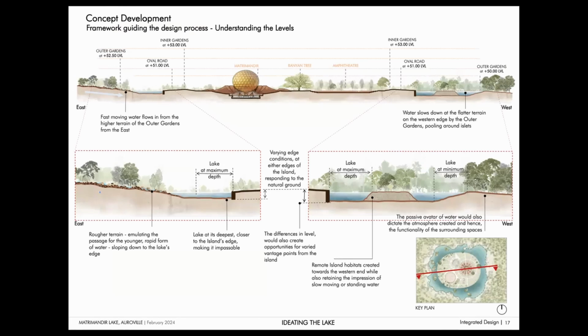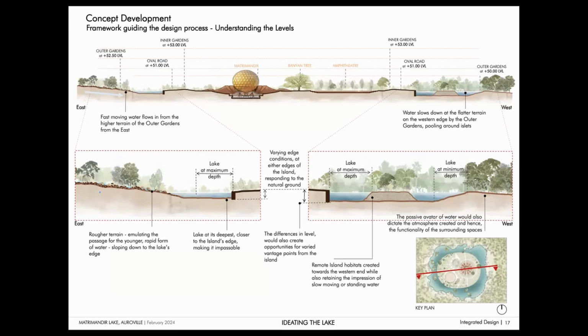There are two kinds of level variations that happen. One is the change that happens because of the topography, where the eastern edges are higher as compared to the west. And the second level variation that happens is because of the seasons.